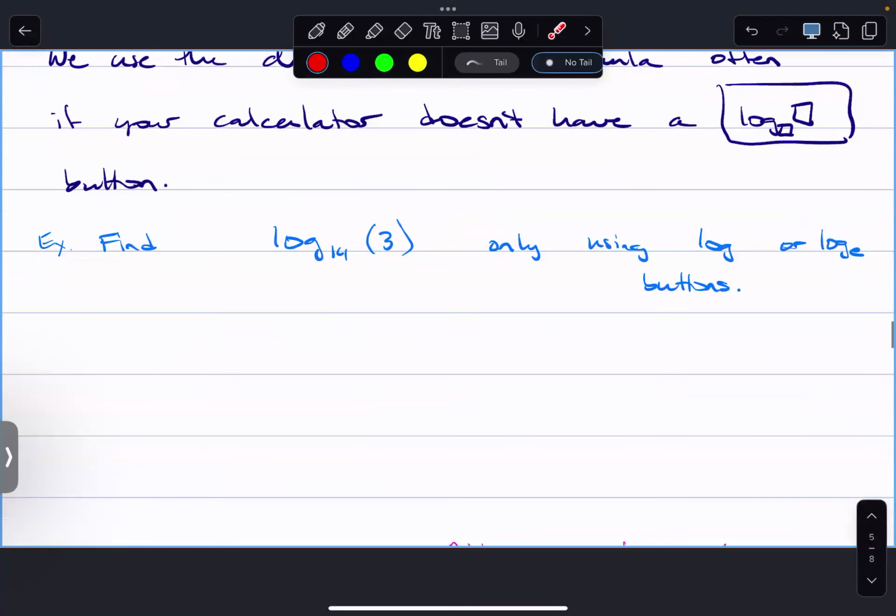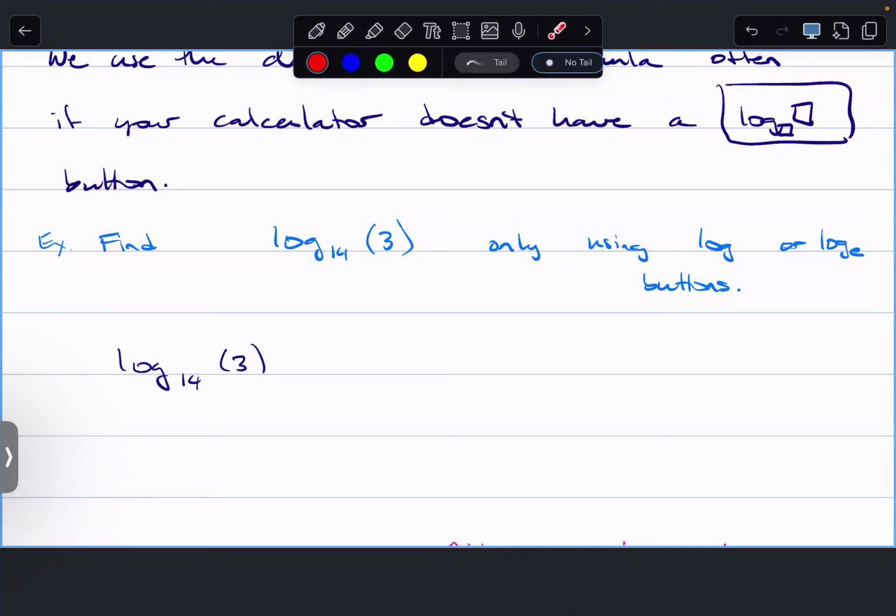So find log base 14 of 3. I guess this should say using only the log base 10 or log base e buttons. So we have log base 14 of 3.